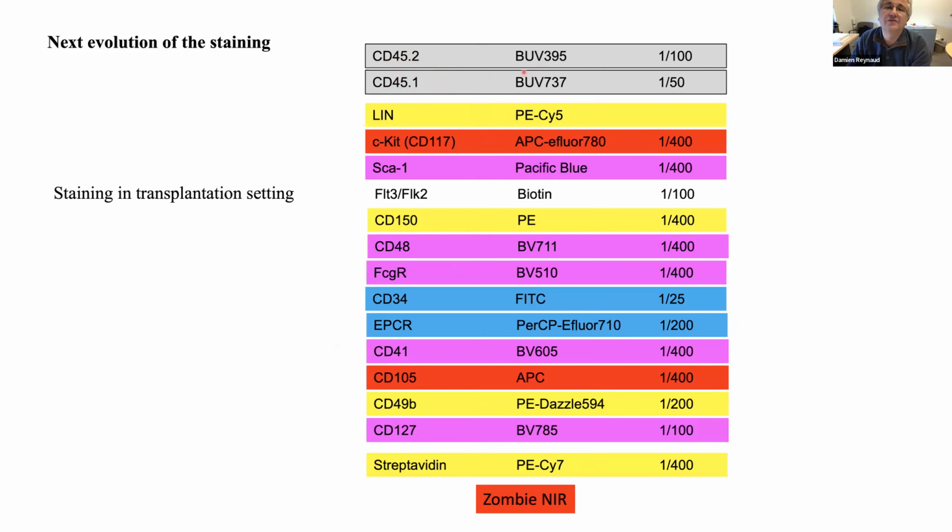In our hands, the markers on the UV laser are relatively weak, so we use a relatively high concentration of antibody. Be aware of that. If you want to use it, the separation of the population is not that great on the UV laser, but it's usable.